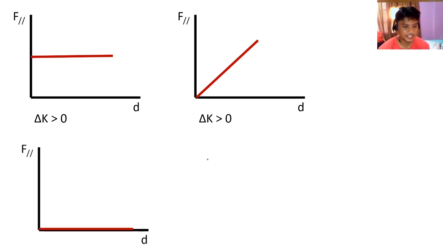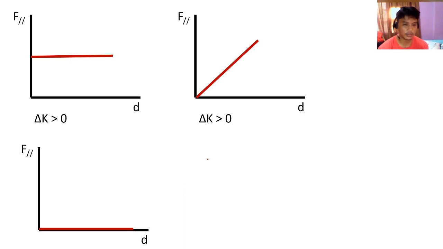In this case, there is no force, it seems. The red graph lies on the x-axis, so the force is zero. So that means that even if the object is being displaced, there is no net force acting on the object, which means there is no acceleration because force is mass times acceleration.